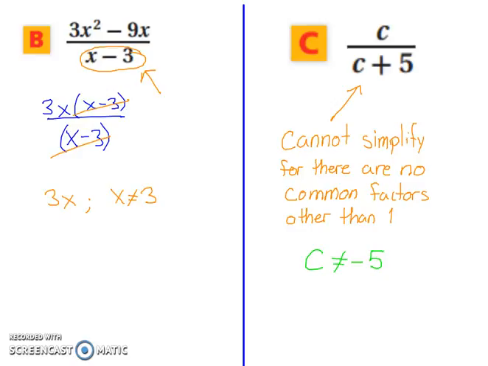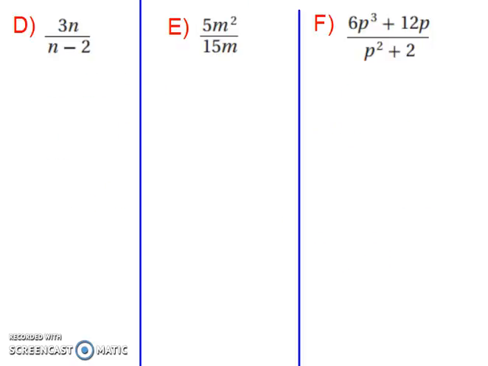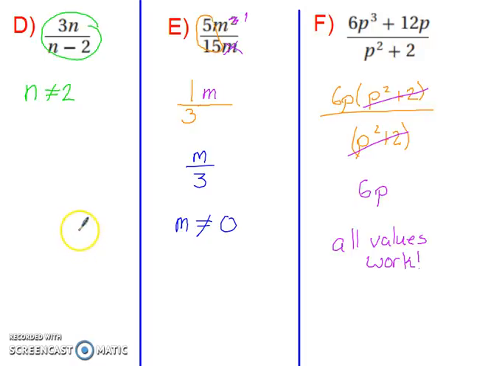Take a moment and try these next 3 on your own. When you return to the video, the answer for each will be revealed. And there you have it. However, real quick, in problem F, notice how there are no excluded values.